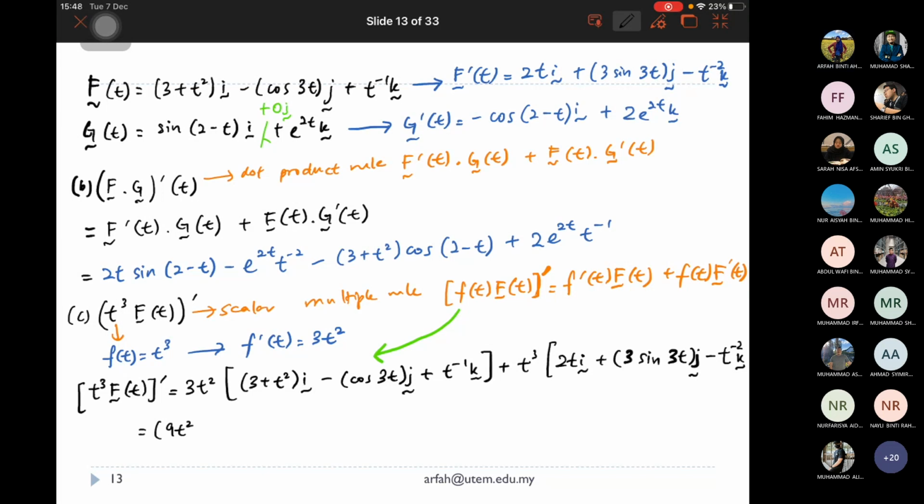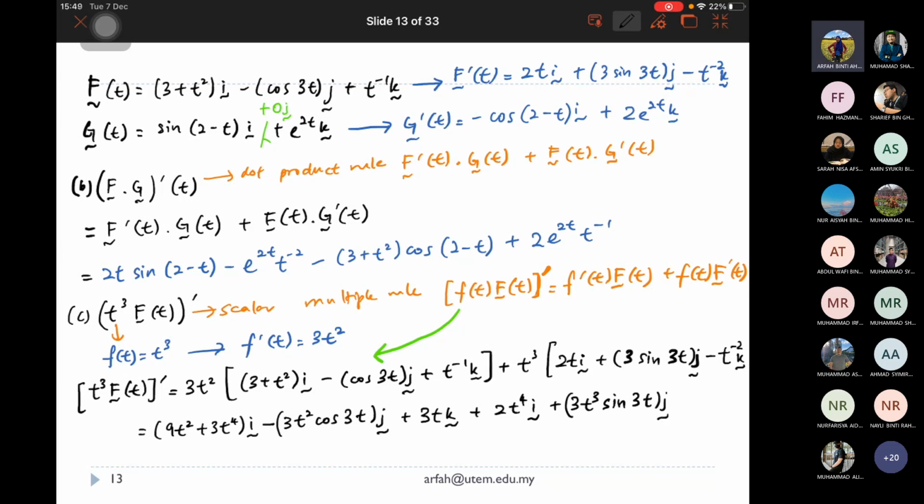9T squared. Okay. Tambah dengan 3T kuasa 4 I tolak dengan 3T kuasa 2 cos 3T J tambah dengan 3T kuasa 2 darab dengan T negatif 1. So dia jadi 3T K. Okay. Tambah dengan 2T kuasa 4 I tambah dengan 3T kuasa 3 sin 3T J tolak T kuasa 3.